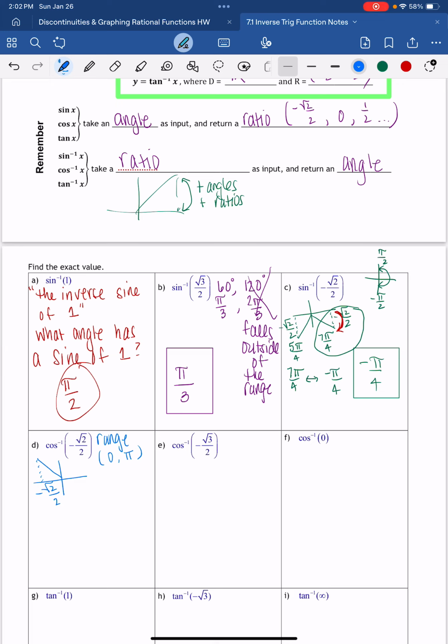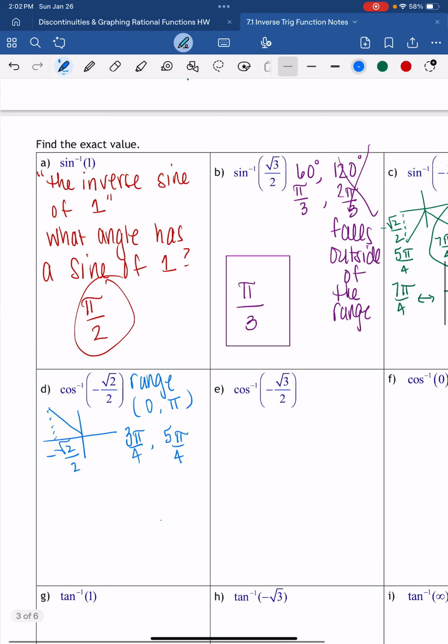In the second quadrant, it would be 3 pi over 4, and in the third quadrant, it would be 5 pi over 4. Only one of those falls within the range of 0 to pi, and the only one that does is 3 pi over 4.